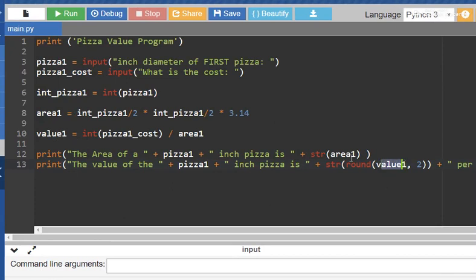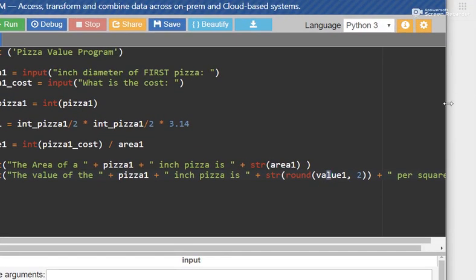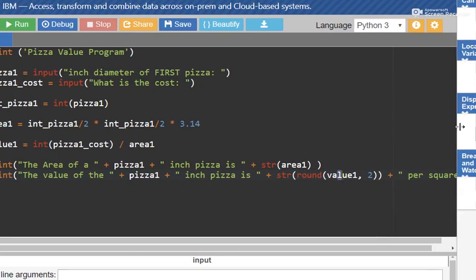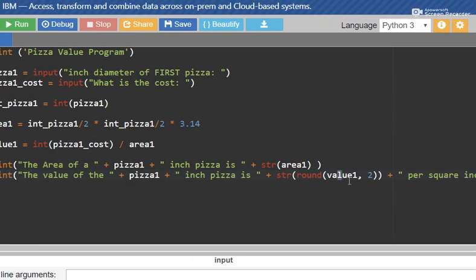and then we output here the value, and it's written slightly differently to normal, so that our value calculation is outputted here, and it's rounded to 2 decimal places, so it gives a more meaningful output without hundreds of decimal places after it. And so we're converting it to a string, and we are rounding it. And what are we rounding? We are rounding this variable, and we're rounding it to 2 decimal places.